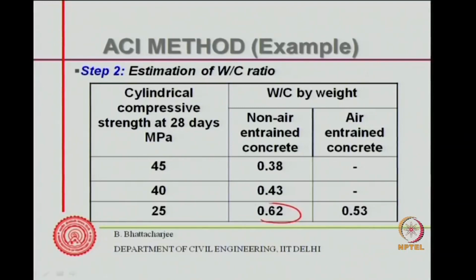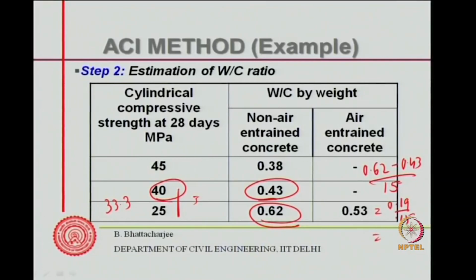So, from 25 it is 0.62, for 40 it is 0.43, and in between values are also given, which we have not taken. Now, our value is 33.3. So 0.62 minus 0.43 divided by 15, so per MPa it would be 0.19 divided by 15, which will come out to be roughly 0.013 per MPa.